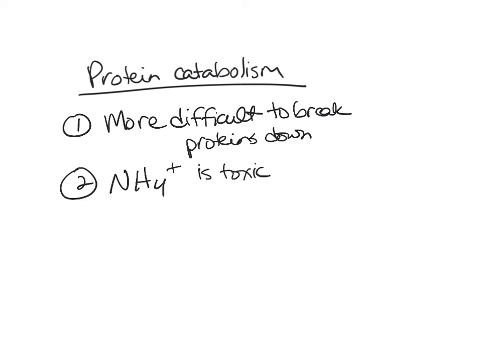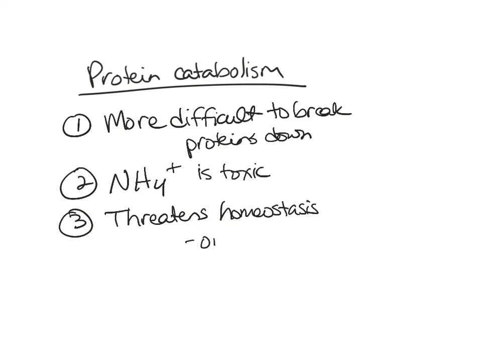So we wouldn't want to break down proteins for that reason. And the third reason is that breaking down proteins threatens homeostasis. You're basically breaking apart the cells of your body in order to produce ATP. So that's going to cause some type of organ disorder, organ failure. So it's not a great idea to try to use protein to get your energy.